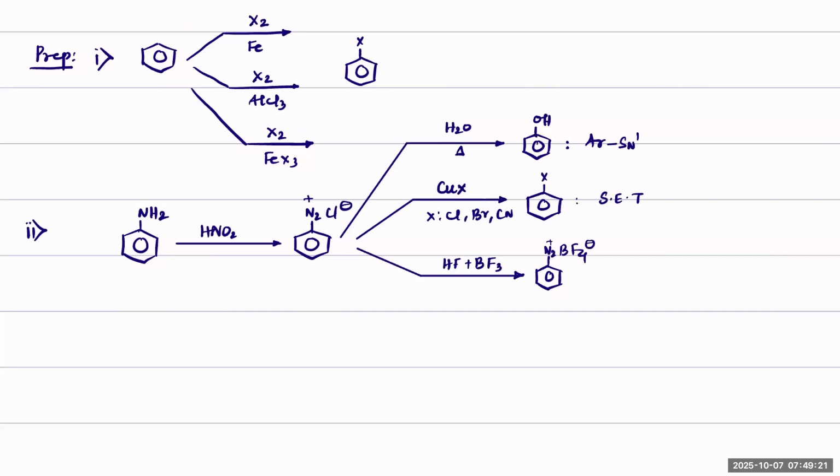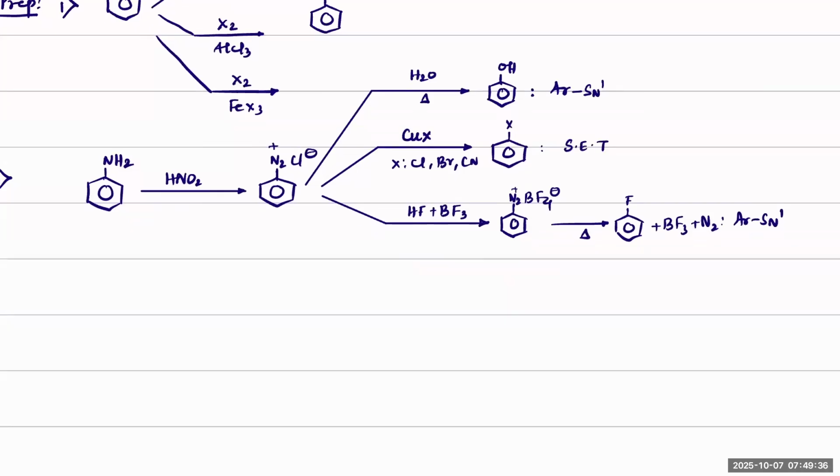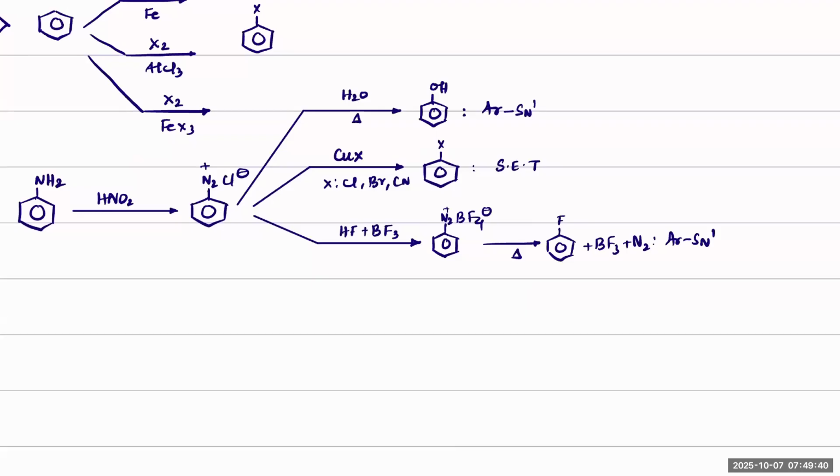And this on heating will give us F minus, BF3 and N2. Now this reaction is the same as the earlier, which is ArSN1 kind. Now this reaction is called the Sandmeyer reaction. And this is called the Balz-Schiemann reaction.